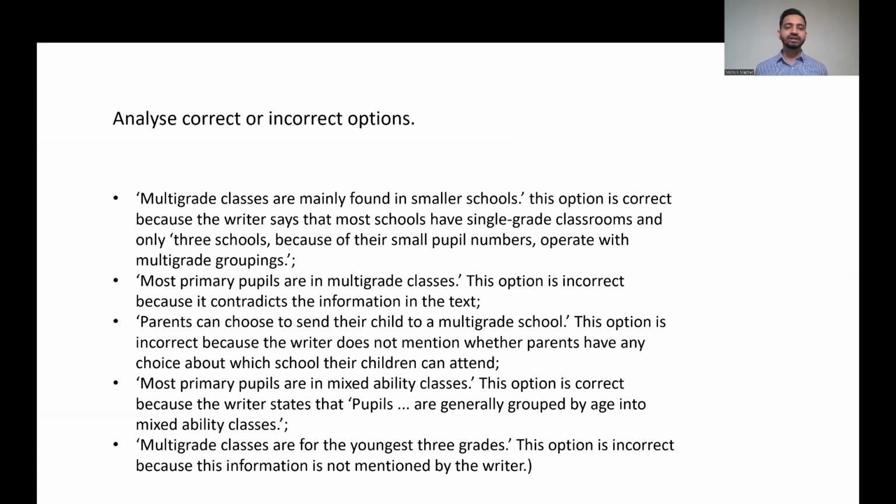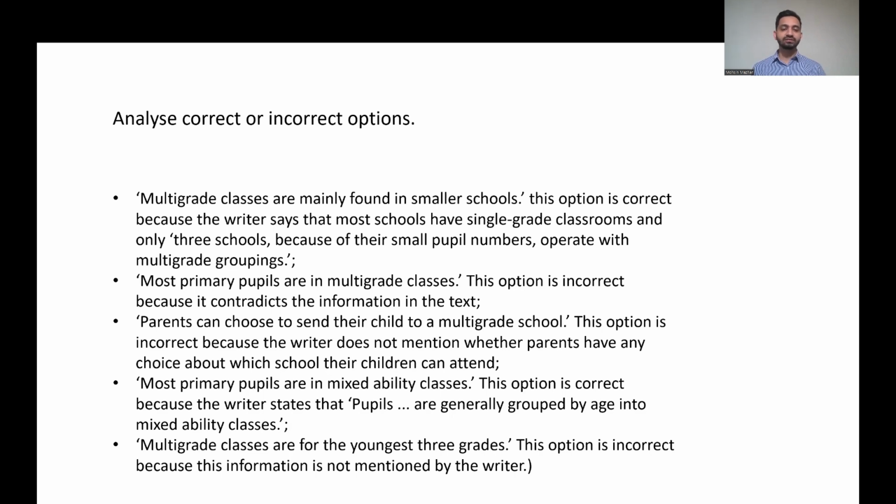We've got multi-grade classes are mainly found in smaller groups. This option is correct. The first option is correct because the writer says that most schools have single grade classrooms, and only 3 schools, because of their small pupil numbers, operate with multi-grading. So yes, that is correct, that multi-grade classes are found in smaller groups. The second one, most primary pupils are in multi-grade classes.